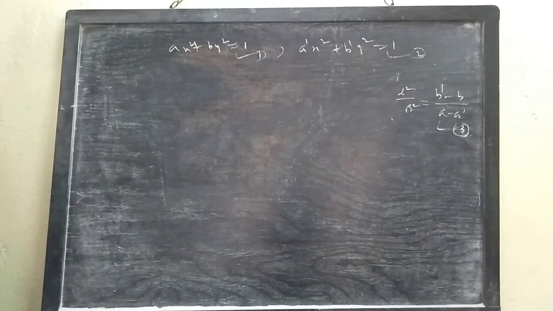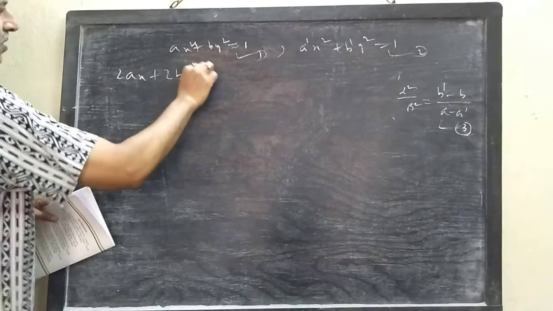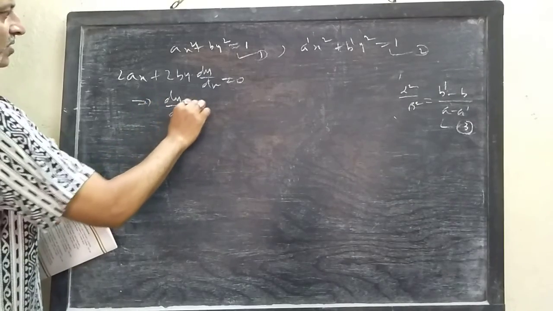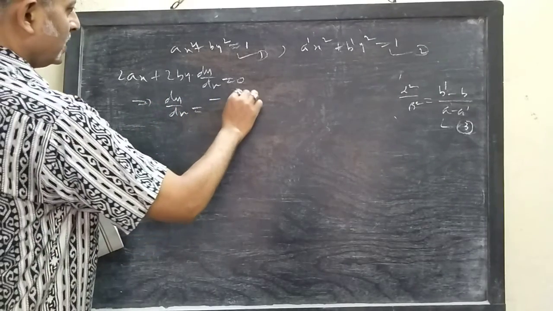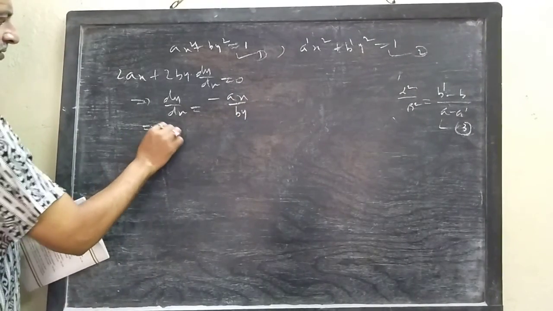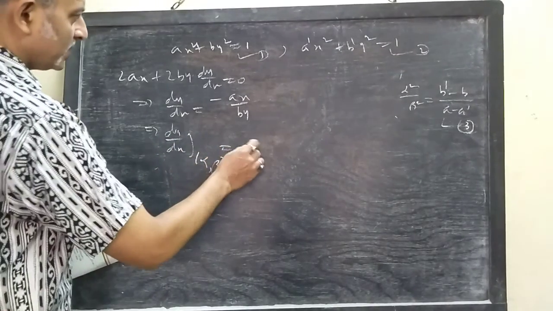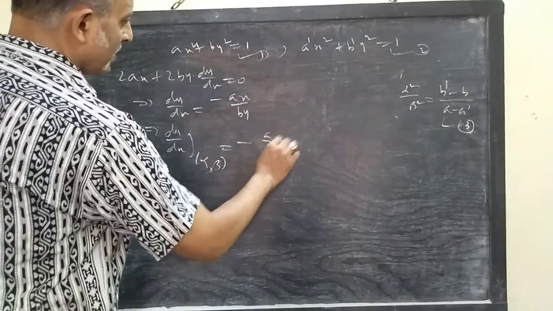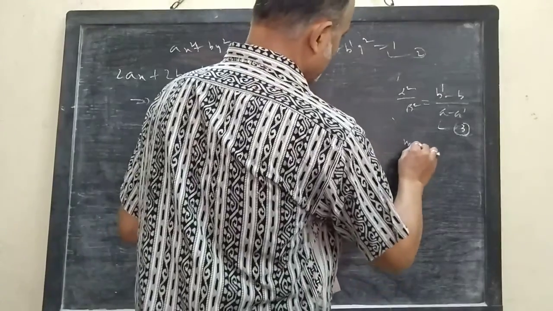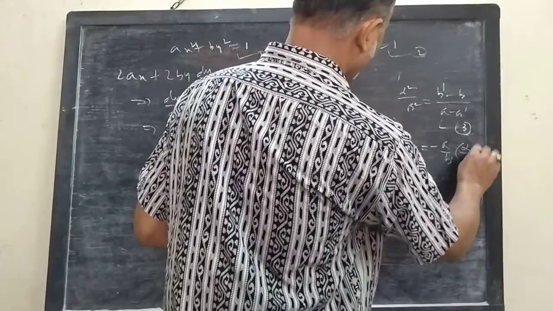Now differentiating both sides of 1 with respect to x, we get 2ax plus 2by dy/dx equals 0. That means dy/dx equals minus ax by by. So therefore dy/dx at their point of intersection (alpha, beta) will be minus a by b into alpha by beta. We consider it as m1, so we write here m1 equals minus a by b into alpha by beta.